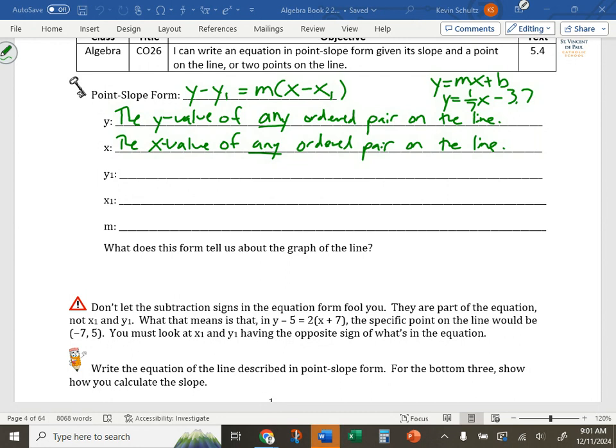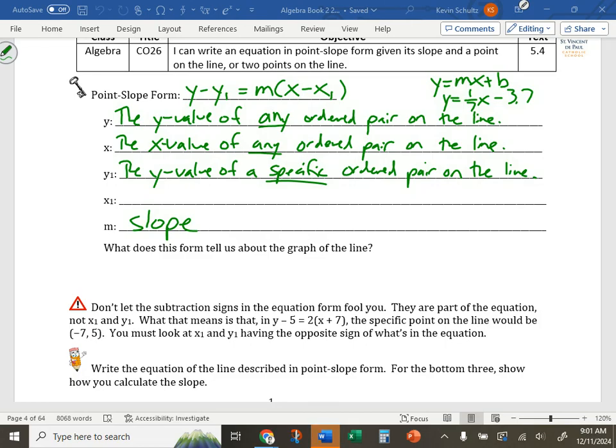The m in point-slope form represents the slope, just like it does in slope-intercept form. But what slope-intercept form tells us is it gives us that b value, that y-intercept. Okay? In this case, point-slope form, the y1 represents the y value of a specific, not just any point, a specific ordered pair on the line, or point on the line.